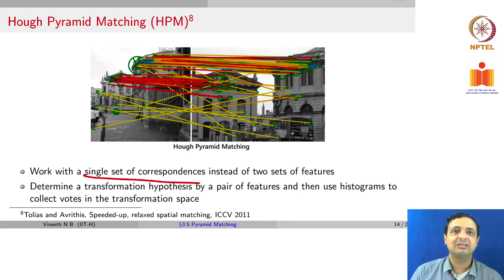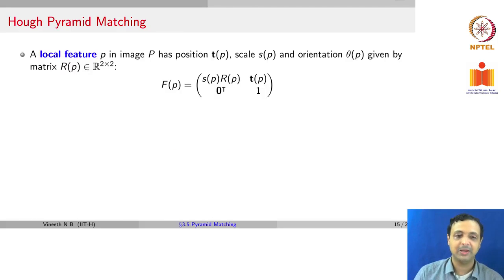And remember, the central idea of Hough voting is each of your correspondences votes for a particular transformation, or you have a hypothesis of transformation based on, say, rotation angle or scale or translation, and each of these correspondences votes for a particular hypothesis, and we are now going to build histograms in that transformation space. Let's see an example here.